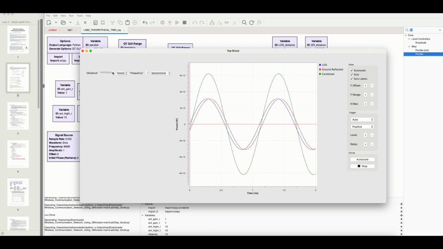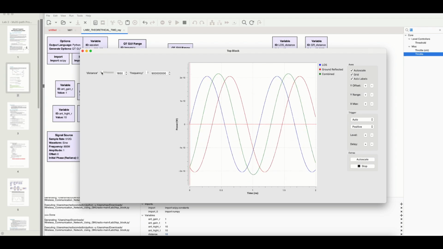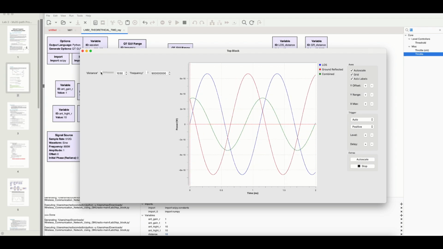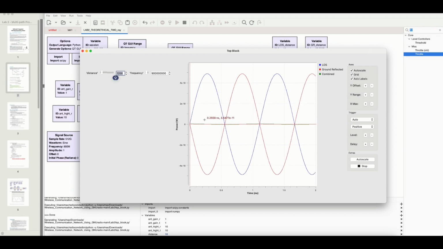Now, on the other hand, if I were to lower my frequency, let me just increase this a little bit, okay, let me just decrease this. Okay, here we go. Now, as you can clearly see, when your line of sight signal and your ground reflected signal are both 180 degrees out of phase, you will get none.